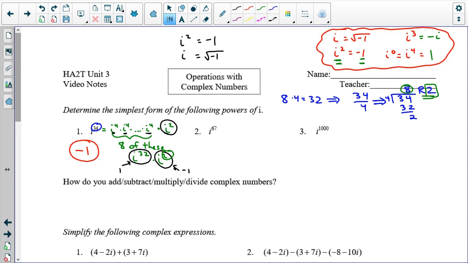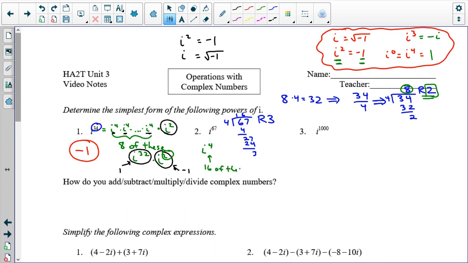i to the 67th, if I do 67 divided by 4, I get 16, because 6 times 4 is 24. So I have 16 remainder 3. So that would mean I have i to the fourth 16 times.